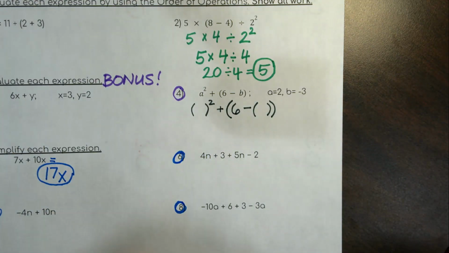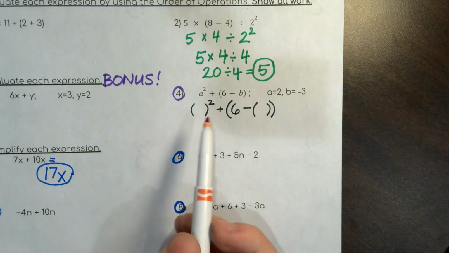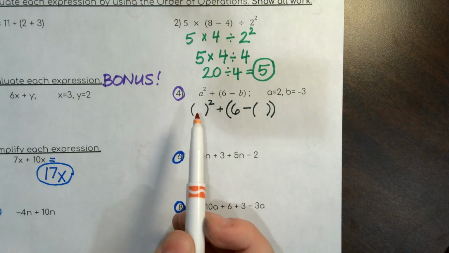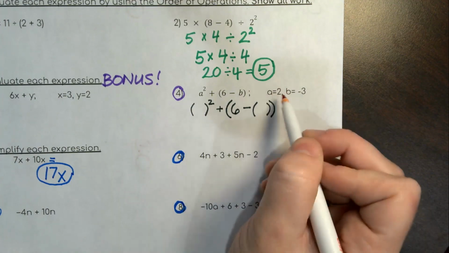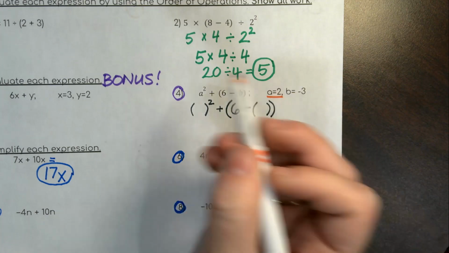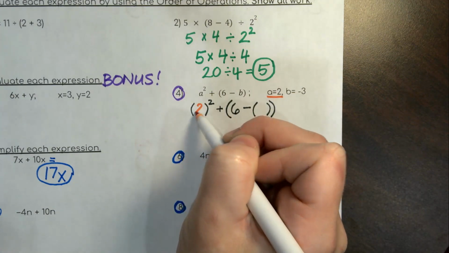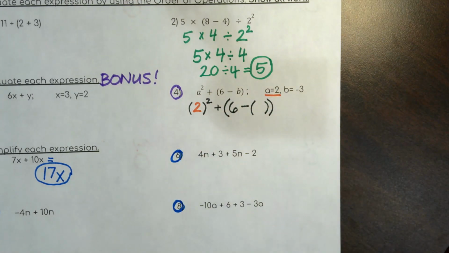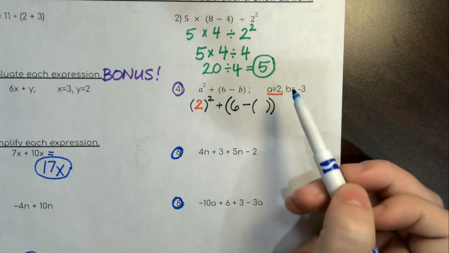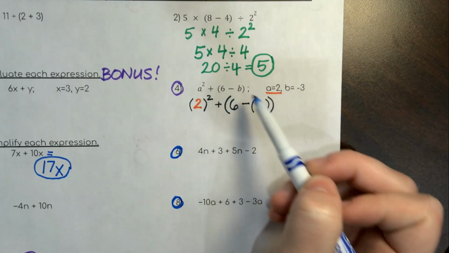So let's go ahead and look at our variables. We know a is going to go right here. What is our a? 2. We found that right here. A is 2, so I'm just going to put a 2 right here. And then I know b goes right here.